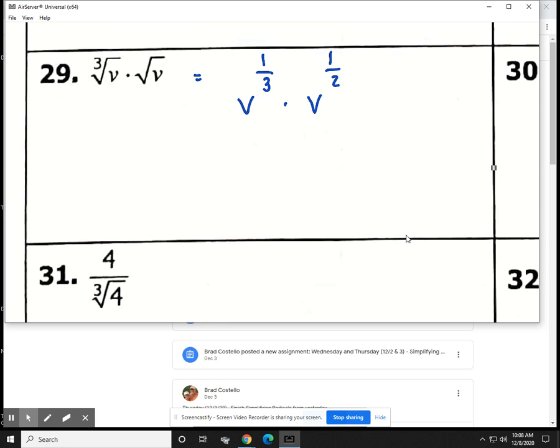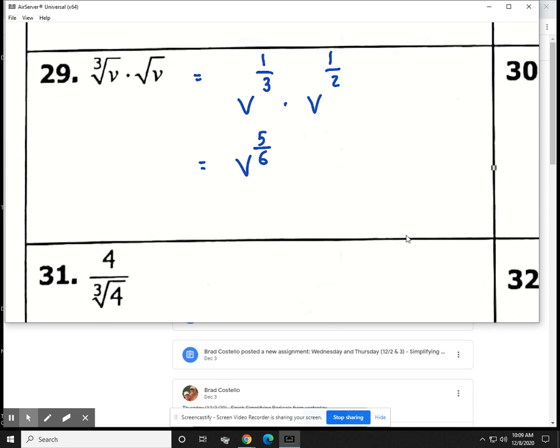Anybody? 5/6. You multiplied them. Remember, you got to do 1/3 plus 1/2. You add your exponents when you're multiplying, and the bases are the same. So that is what they are when you combine them.